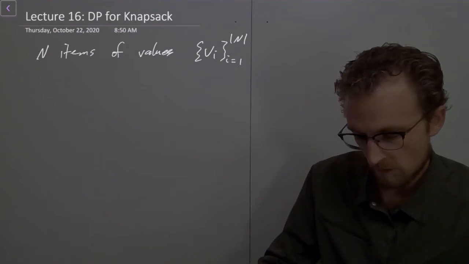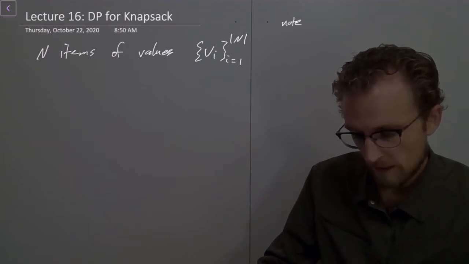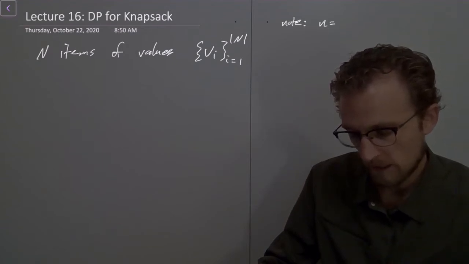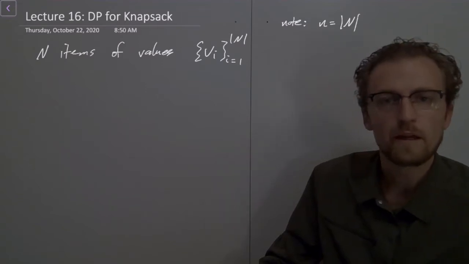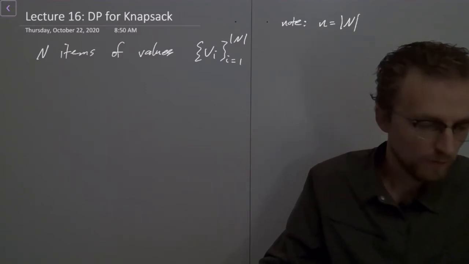So just note, if I write little n, that means the cardinality of big N. That'll be my convention going forward.